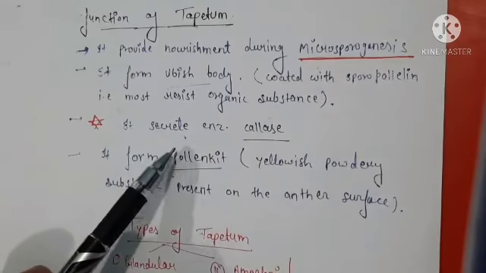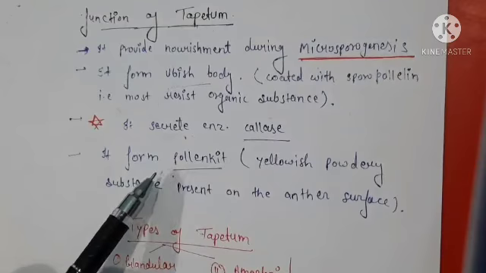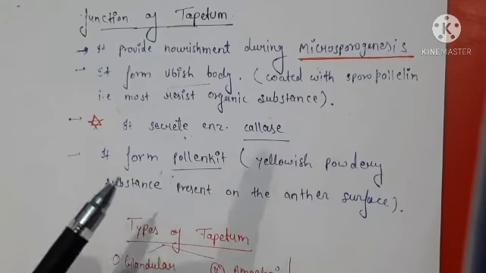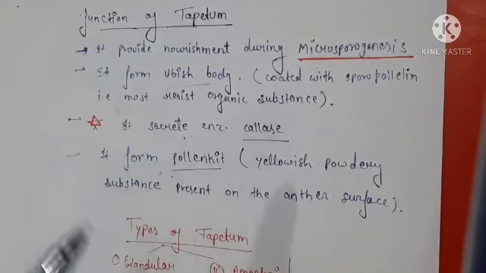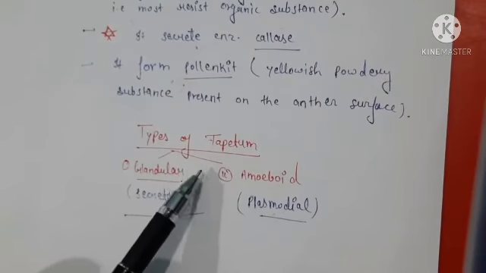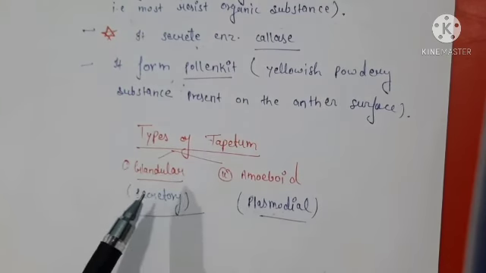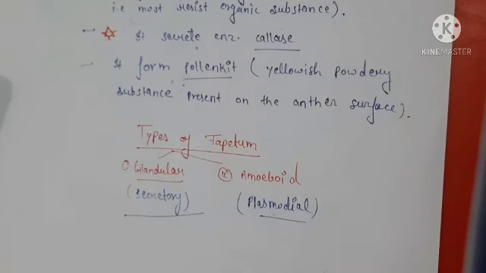It secretes enzyme calyx. It forms pollen kit. What is pollen kit? The powdery substance present over the anther is called pollen kit. And finally, we discuss the types of tapetum. There are two types: glandular and amoeboid. Glandular also called secretory, and amoeboid also called plasmodial.